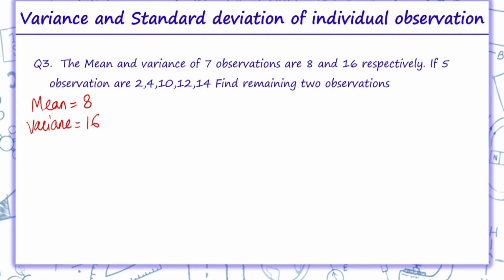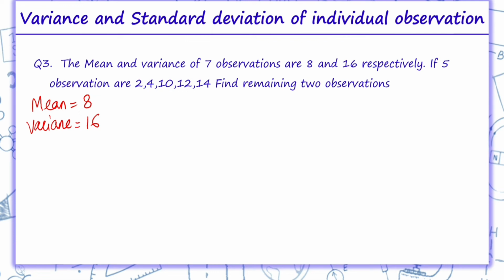If 5 observations are 2, 4, 10, 12, 14 respectively, we have to find the remaining 2 observations. That means over here we are provided with the mean and variance, and there are a total of 7 observations. We do not know the last 2 observations.